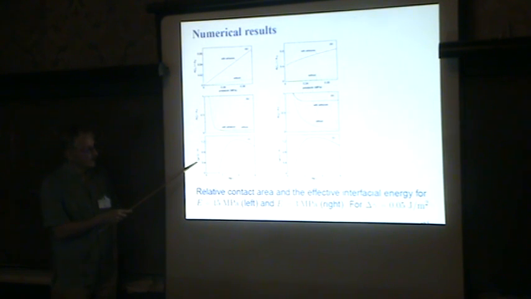This shows the effective interface energy as a function of magnification, and you have a behavior which looks like I've indicated here. The important thing is that at the lowest magnification, this quantity vanishes. The pull-off force is determined by gamma effective at the macroscopic length scale, so at the lowest magnification.